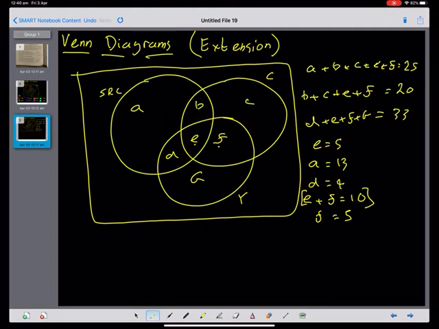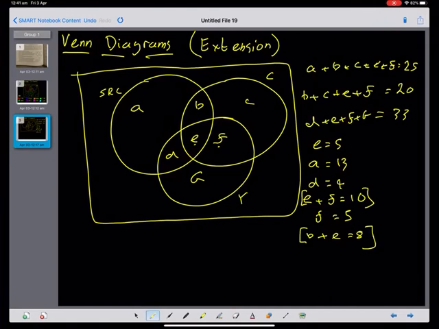Next we are told that there are 8 members of the chess club who are also members of the SRC. So that means B plus E is equal to 8.